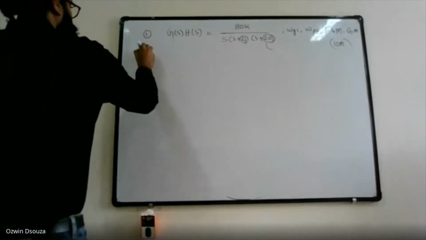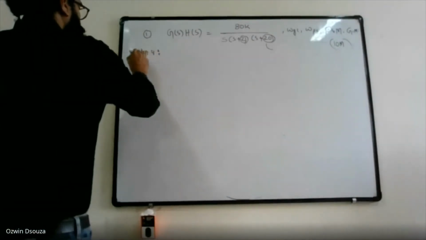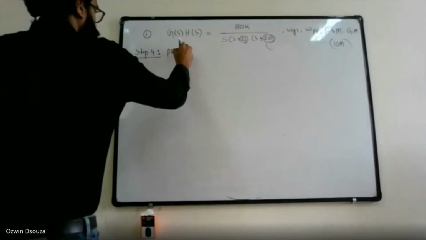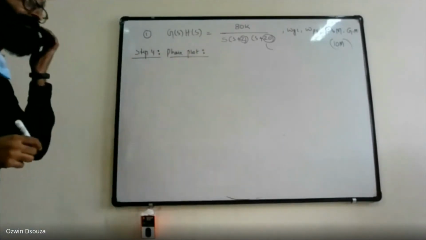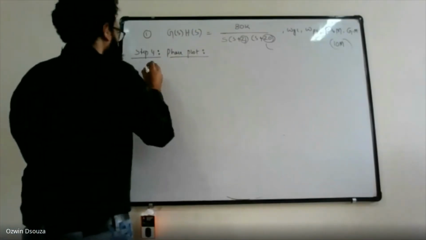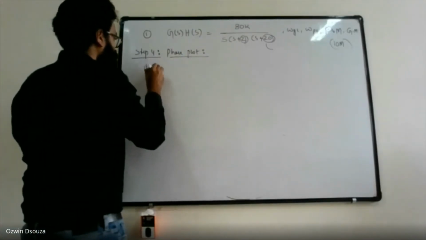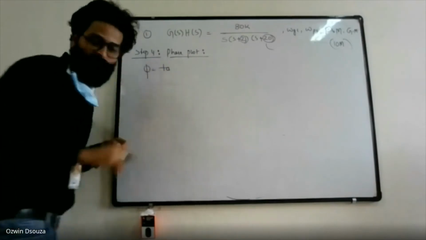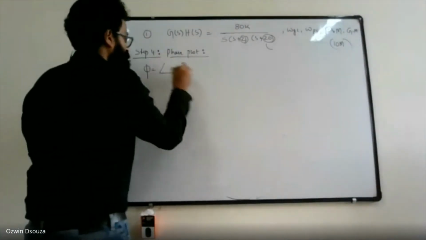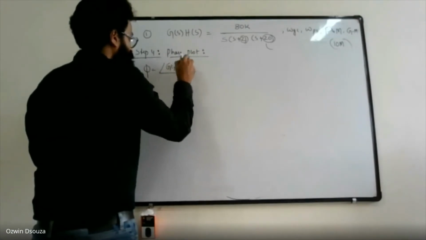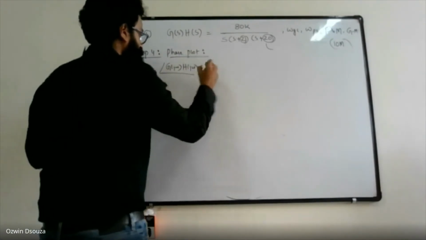Step 4. Phase plot. So for phase plot, what we need is phi. So phi is equal to the angle of G of j omega into H of j omega.